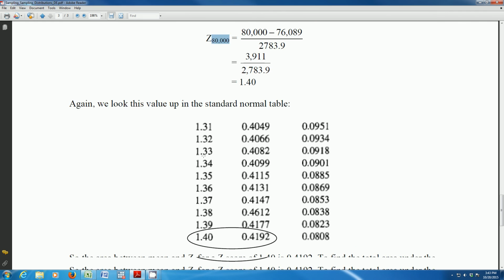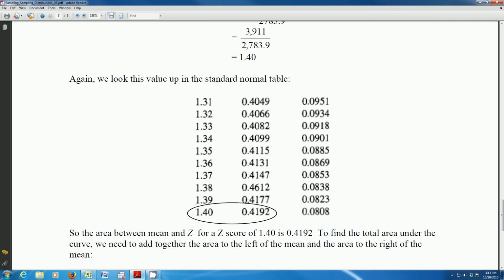Again, we look up 1.40 in column A of our table, and then the column B value, which tells us the area between that value and the mean. That turns out to be 0.4192, which tells us there's about a 42% chance of getting a sample mean between the mean and 80,000.